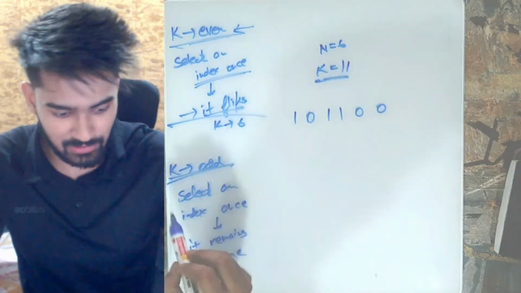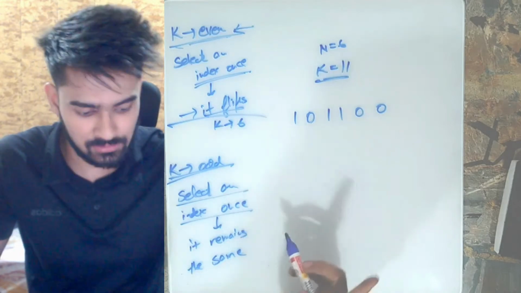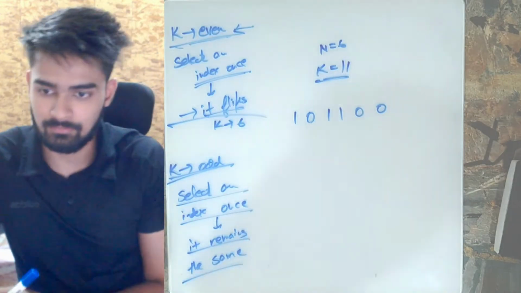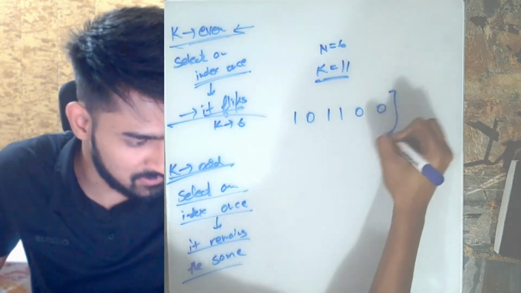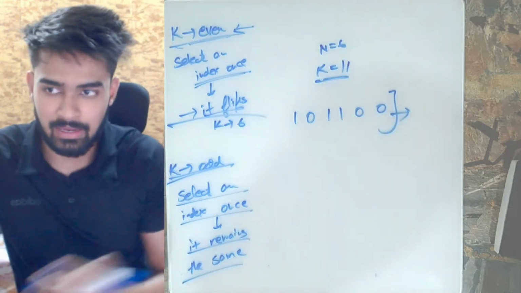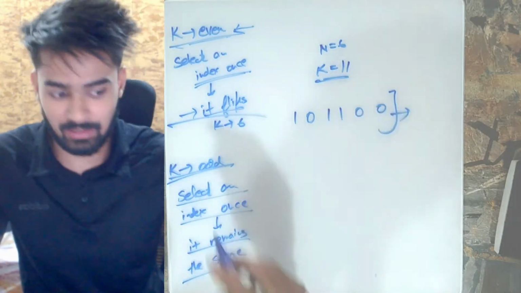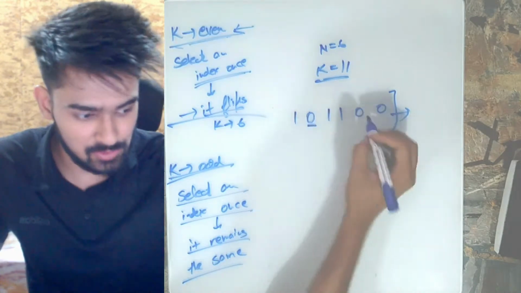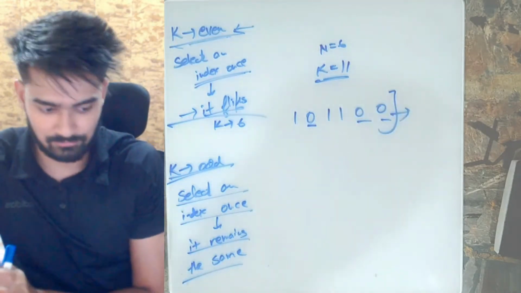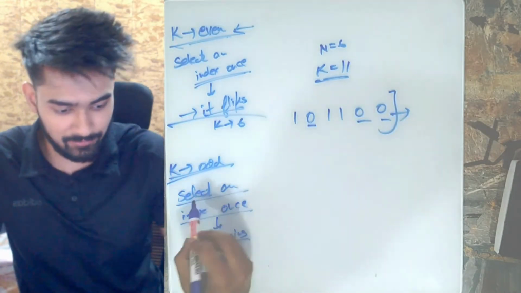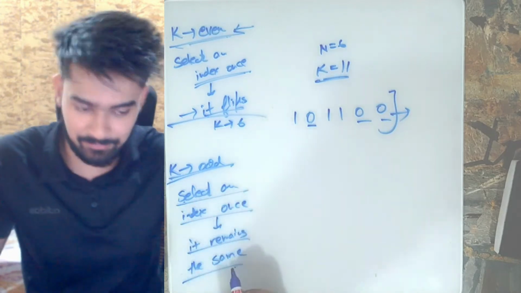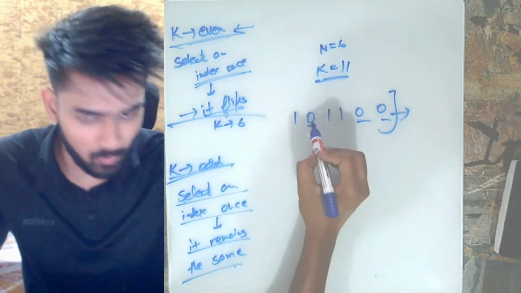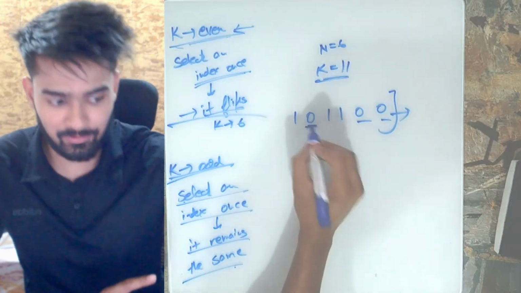If k is odd, we know that if we select any one index once, it remains the same. We need to make this string lexicographically largest. In order to do that, we need to replace zeros with ones. But we know that if we select any index once, it remains the same. So if we make one operation on this, it will remain the same.